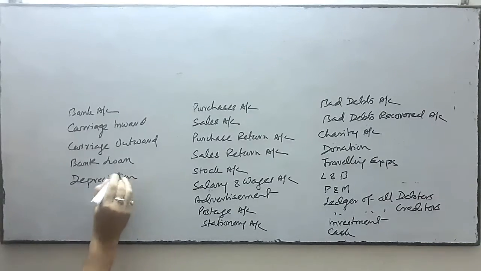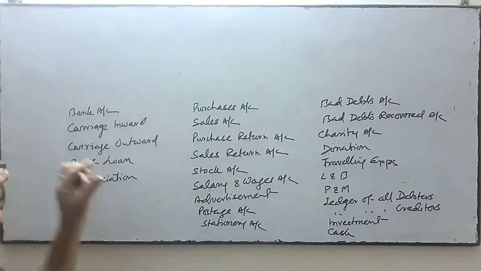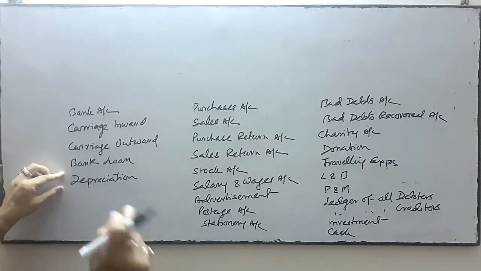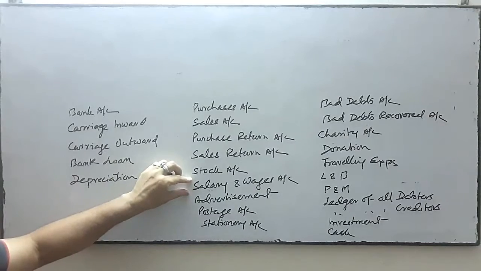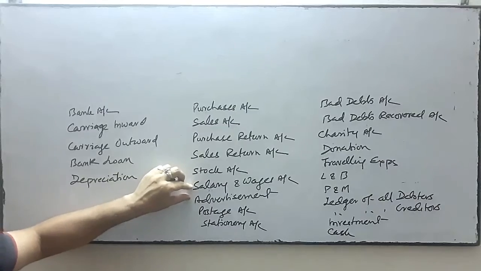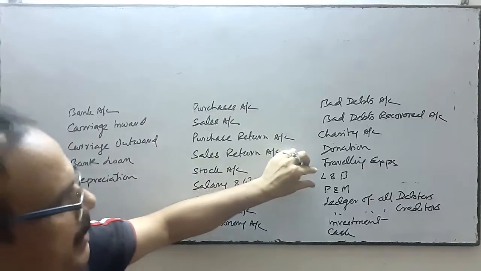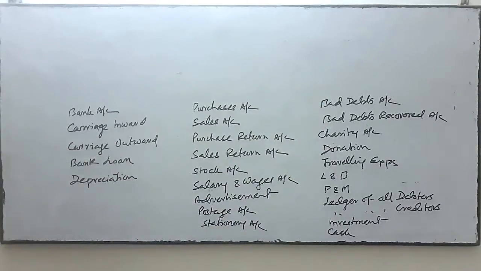means we prepare the ledger account of each and every item, so that if you prepare the ledger of depreciation, all information of depreciation will be under this ledger. If we are preparing the ledger of salary and wages, then all information of salary and wages will be at one place. Purchase return information will be at one place, land and building information will be at one place, bad debts recovered will be at one place, okay, bills receivable, bills payable.